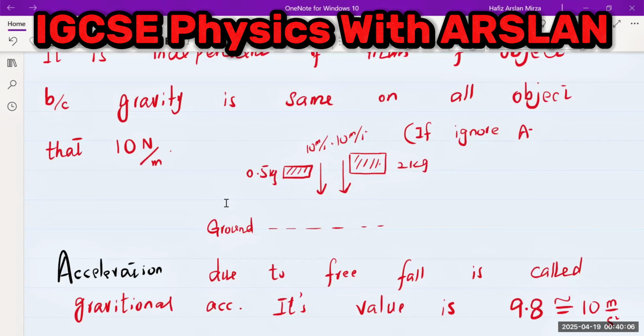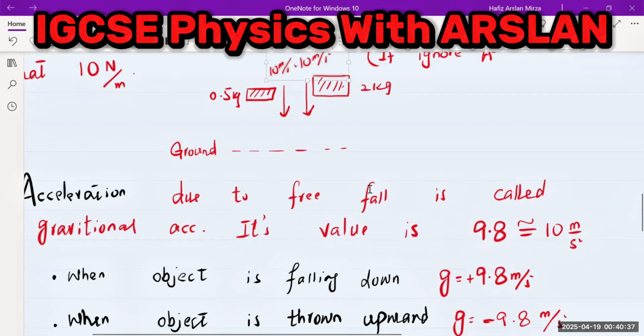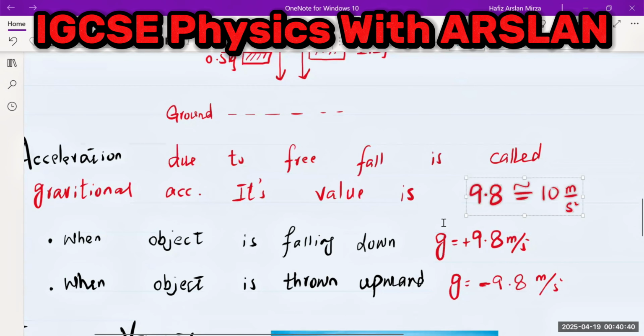Its value is fixed, 9.8 meters per second squared, or in IGCSE you can take 10 meters per second squared. For example, 0.5 kg and 2 kg thrown from the same height will hit the ground at the same time, because the acceleration acting on them is 9.8 or 10 meters per second squared if we ignore air resistance.